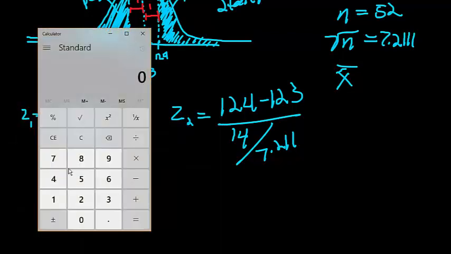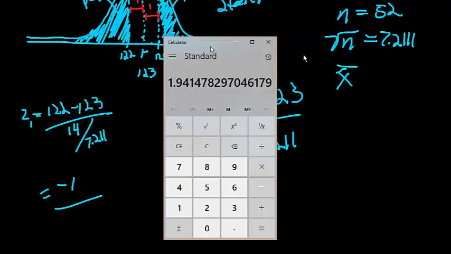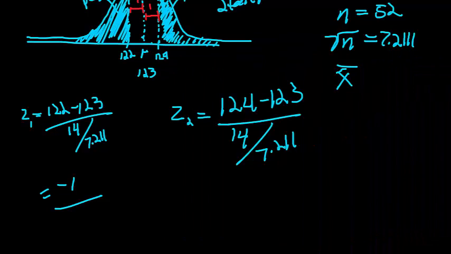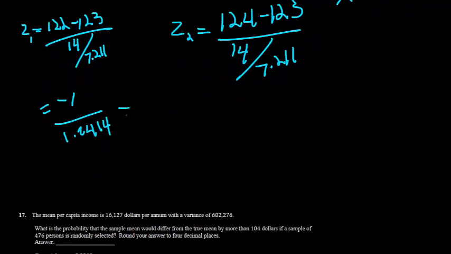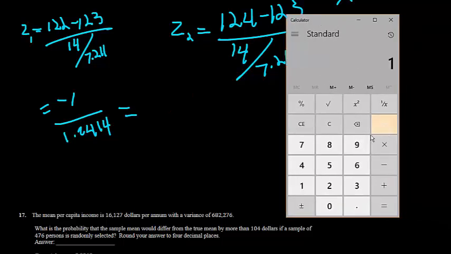Thank you very much. 14 divided by 7.211 equals 1.9414. And that equals, 1 divided by 1.9414.